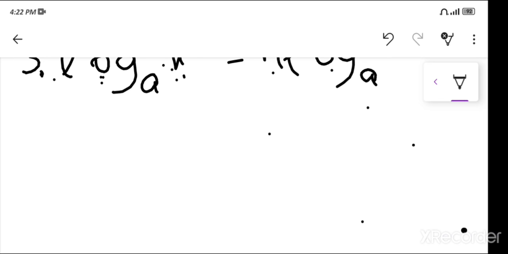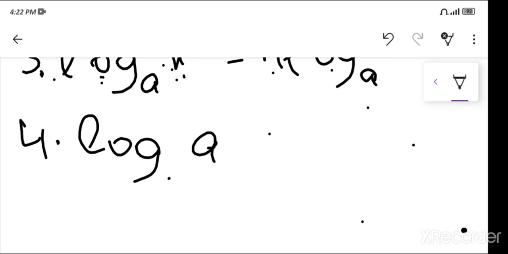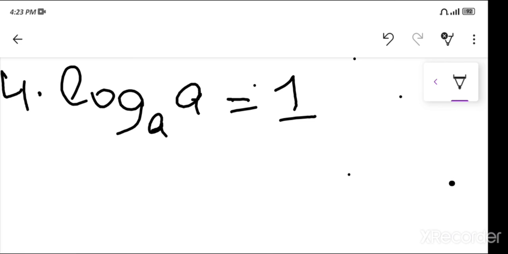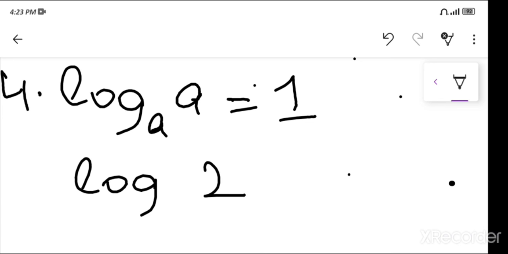And yeah, the fourth formula is log a to the base a becomes 1. Let us make the base and the value 2.